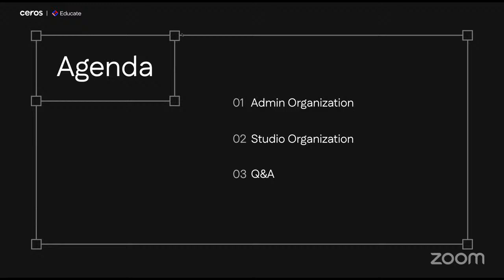There are different constraints and things that might be going on with having multiple different brands, multiple different projects, content that needs to be sectioned off. So there's a lot of things to take into account when you're organizing content in your Ceros admin. But we'll go over some general best practices and how you can make sure that your content is as streamlined as possible in your admin.